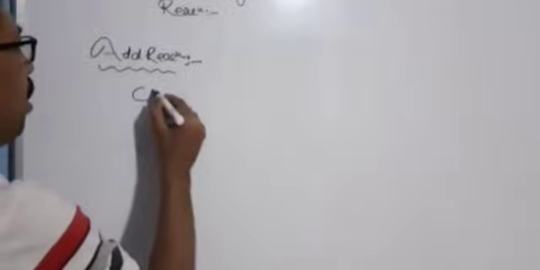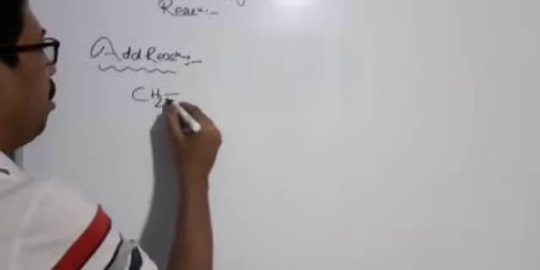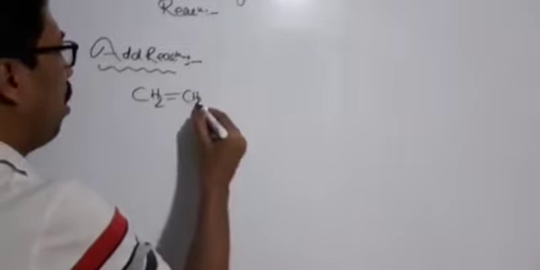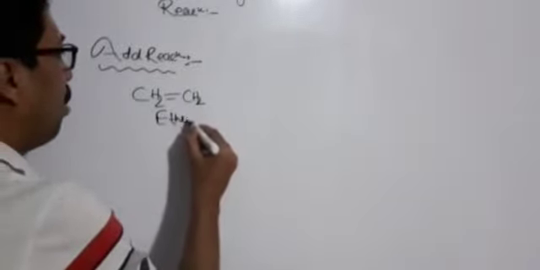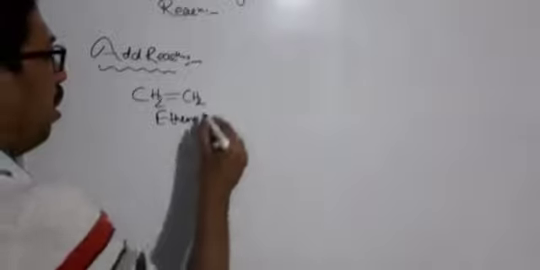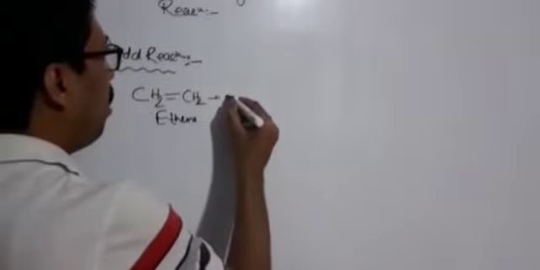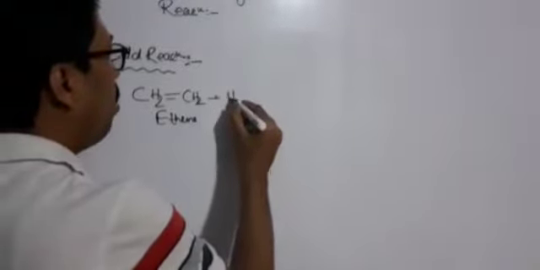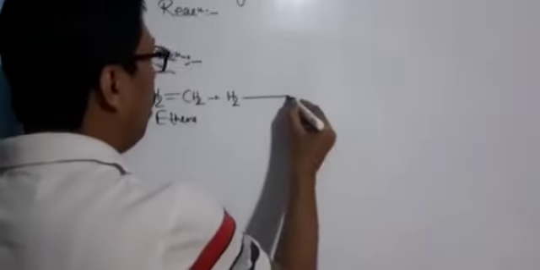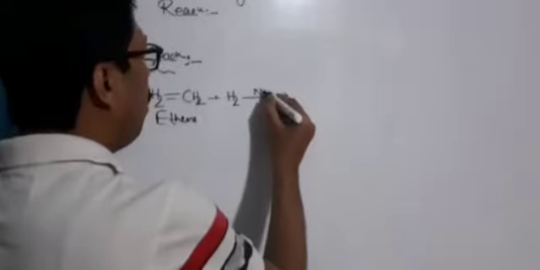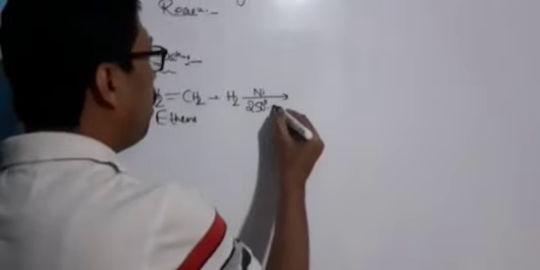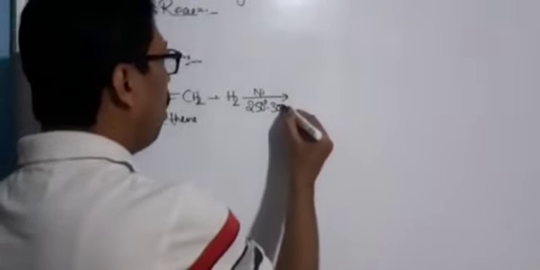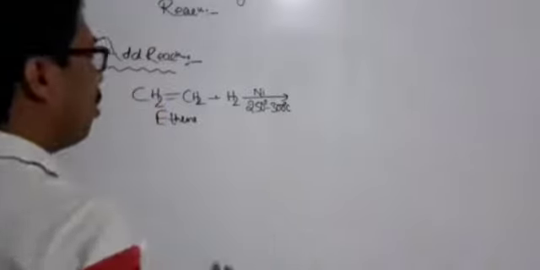For example, CH2 double bond CH2. This is ethene, and it reacts with hydrogen in presence of nickel at a temperature of 250 degrees Celsius to 300 degrees Celsius.